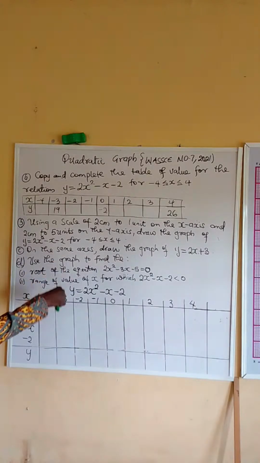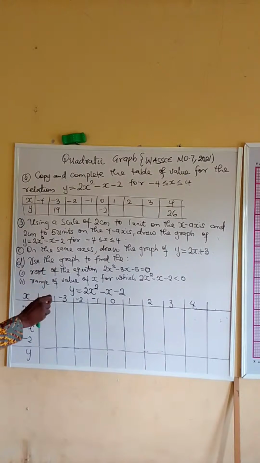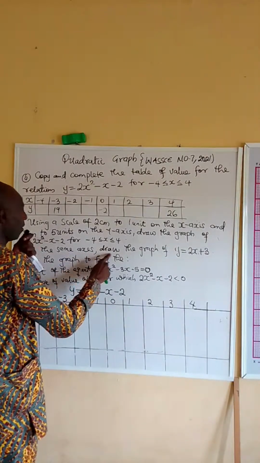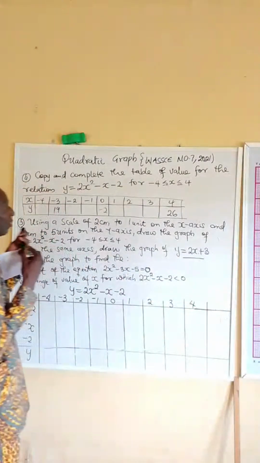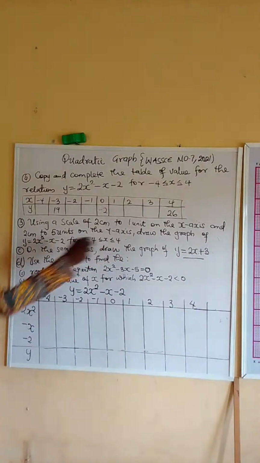So we are drawing two graphs. One is a linear graph. The upper one is a quadratic graph. So it's a quadratic and linear combined together. On the same axis, draw the graph of this. Look at the other graph you're going to draw: y is equal to 2x plus 3.